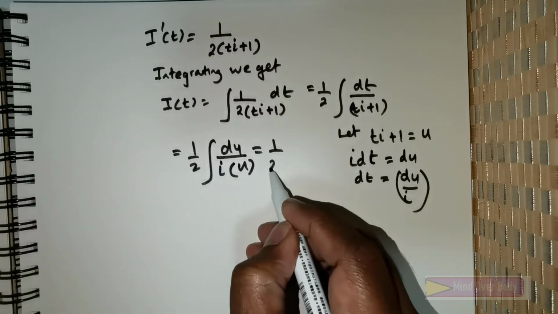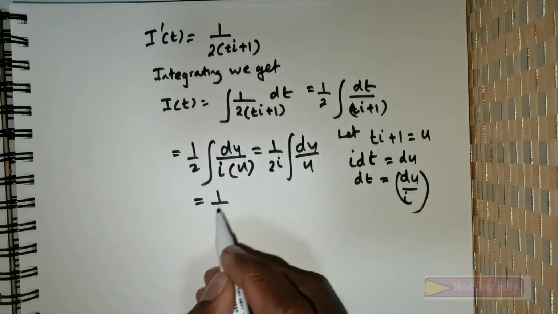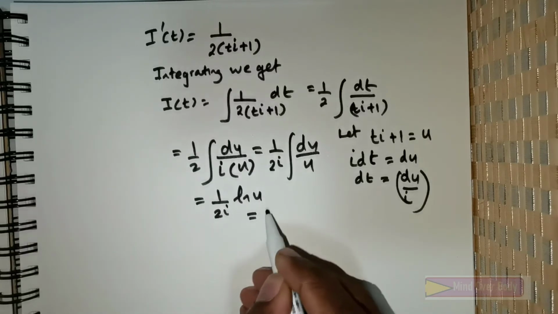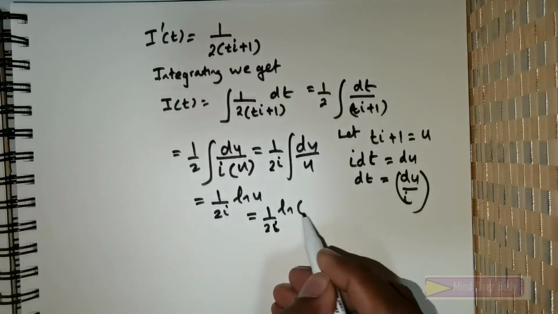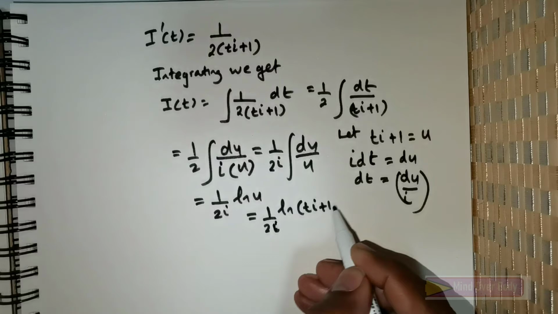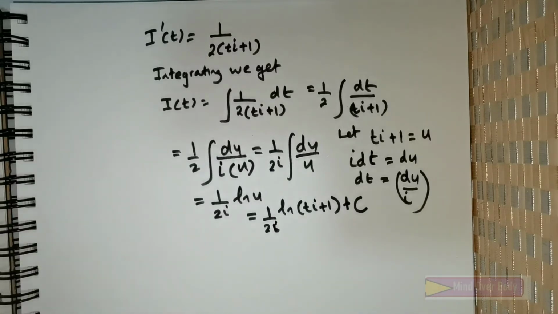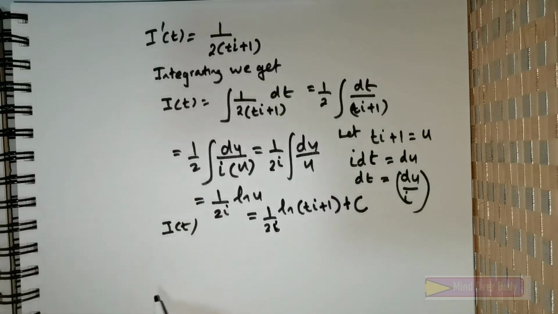This is going to be 1 over 2i integral du divided by u, which is 1 over 2i ln of u, which is rewritten as 1 over 2i ln of ti plus 1 for u, plus arbitrary constant c. So on the left I've got I of t.